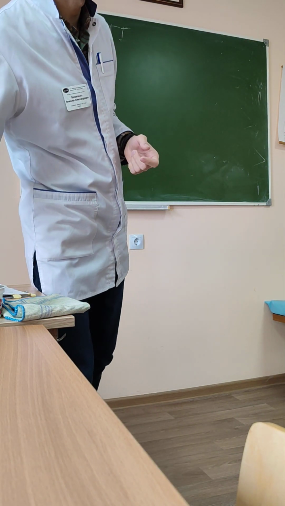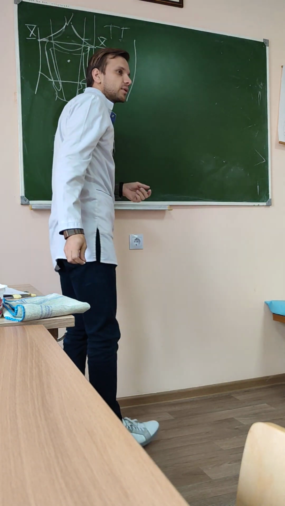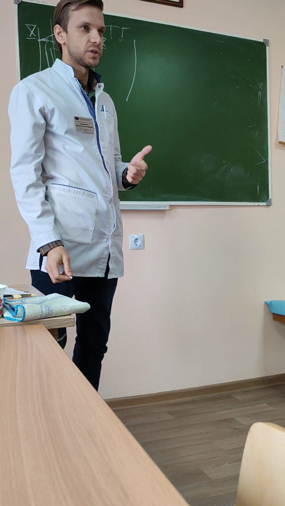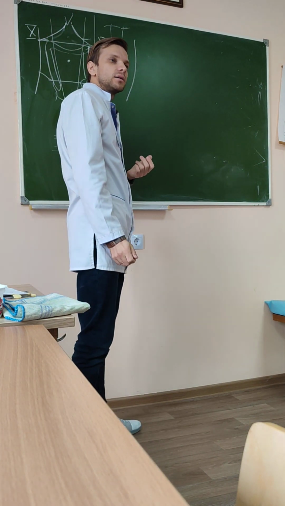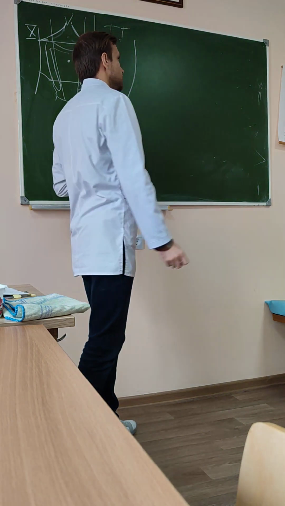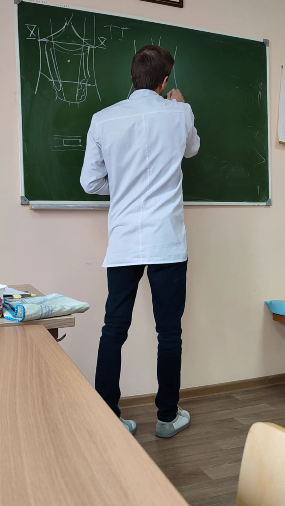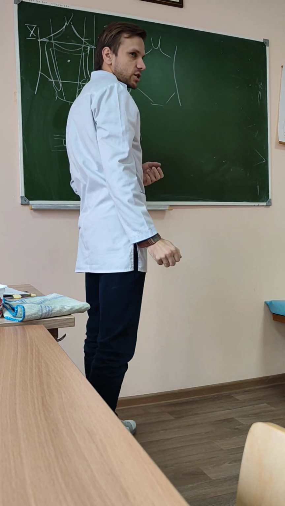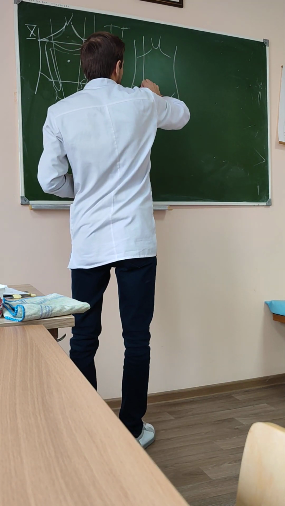Next, we need to do percussion of abdomen to confirm our examination. It has to be performed in three positions. First position is vertical, second one is horizontal, and third one is side position. When we do percussion vertically, we need to do it according to three lines.